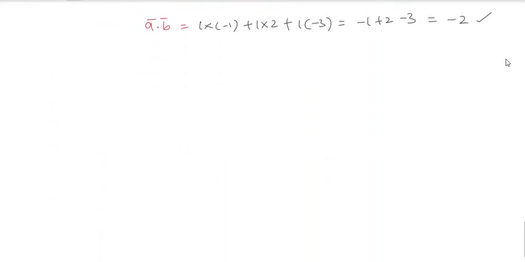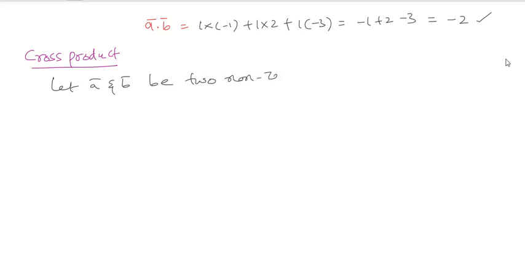Next, let me take the cross product. These are all things you know already, but anyhow I'm just giving the refreshment, nothing more than that. Let A bar and B bar be two non-zero vectors.